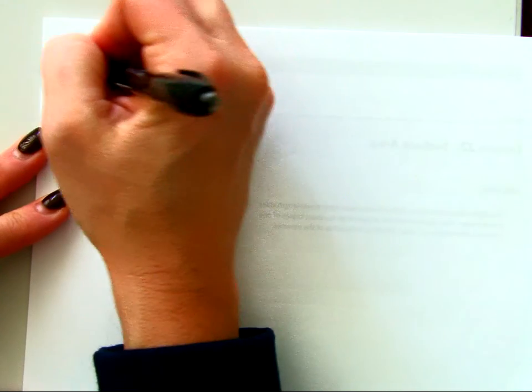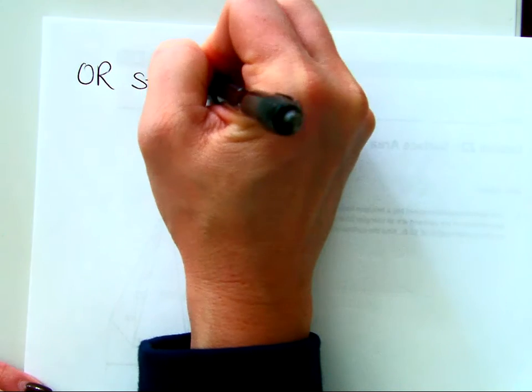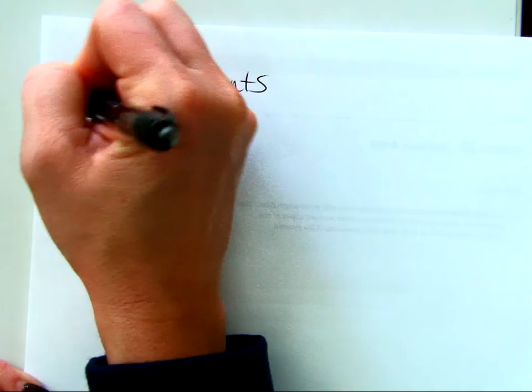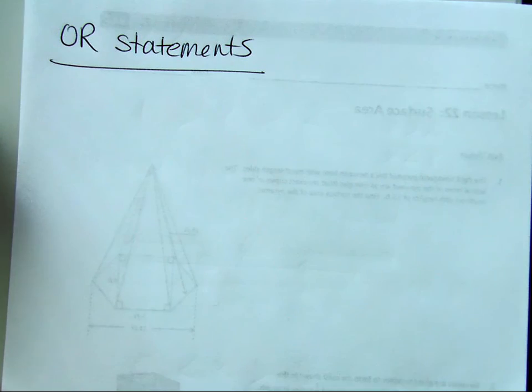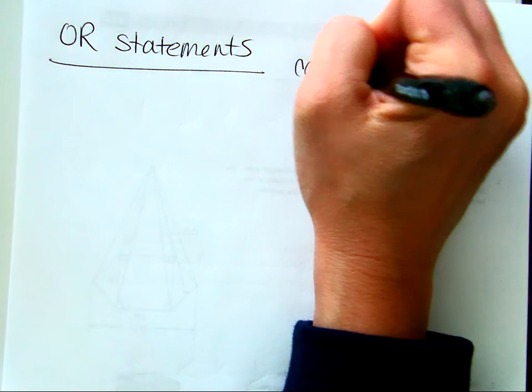So let's talk about ors. Ors is a whole different ballgame. So those were the and. Let's do the or statements. Okay. First of all, or statements, you will be relieved to know, cannot be combined. That's an and.